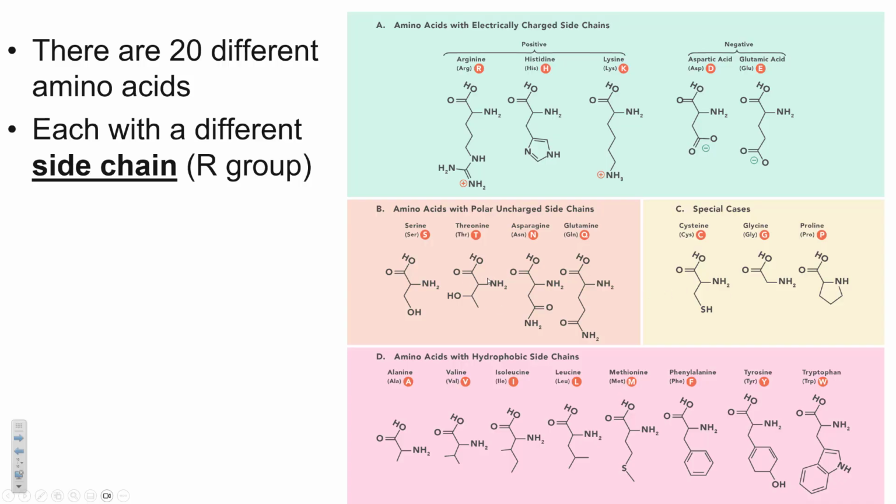And so ultimately, what's going to happen with proteins is all of these different side chains are what are going to lead to the different shapes that proteins form. If you remember earlier, we talked about how proteins form different shapes and ultimately different functions. And although it's complex, it is actually these side groups that are ultimately responsible for the protein folding and forming those different shapes.